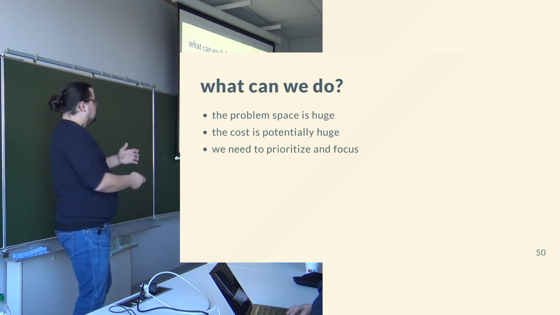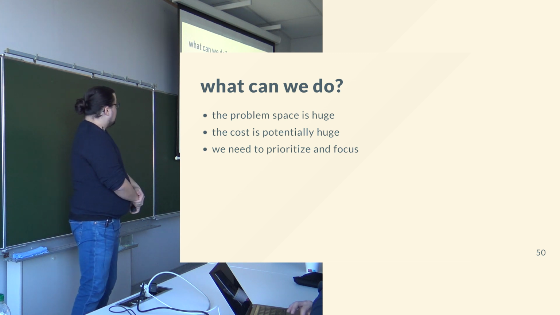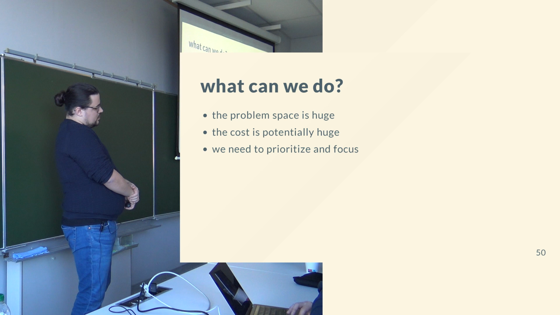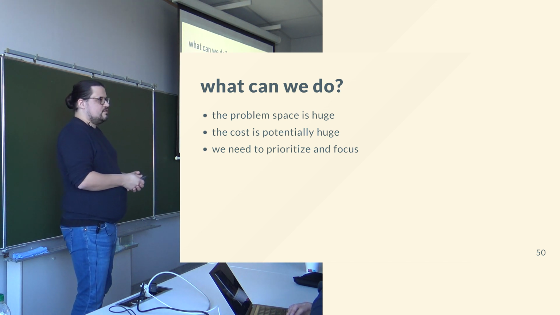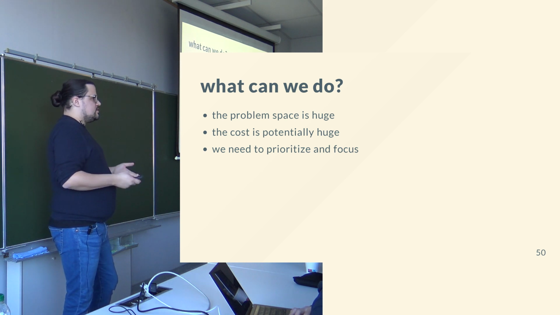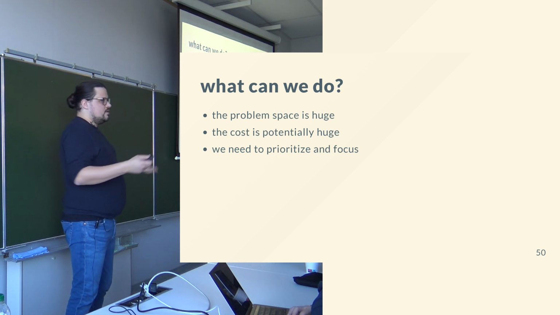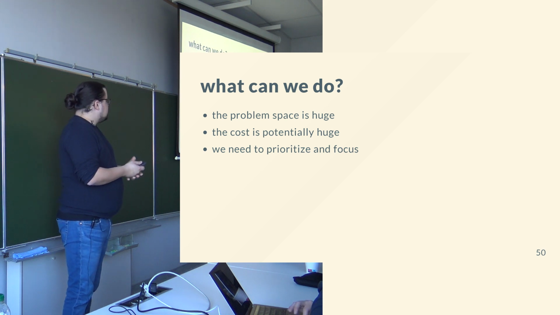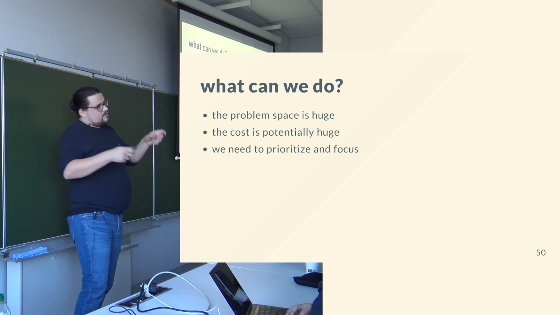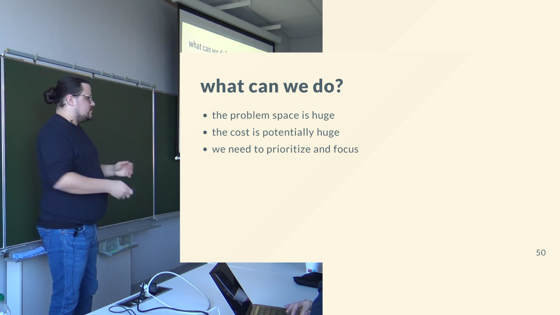It may seem a bit too big, and also the cost is huge if you want to check everything. So you can't check everything. You can't be sure. That's mostly a risk management problem and not an exhaustive check problem. And so you need to prioritize and focus on the important parts. You can't just do everything.